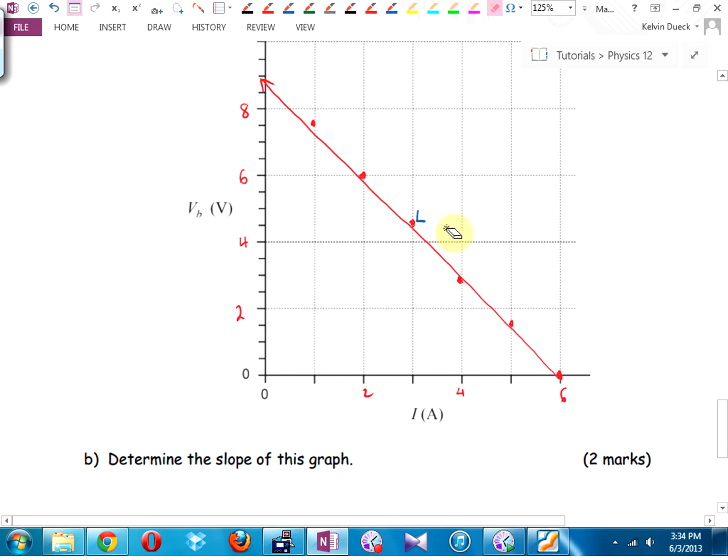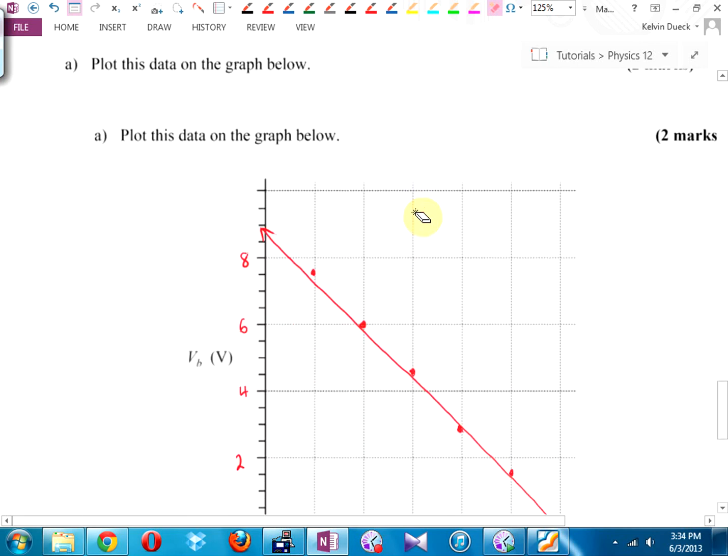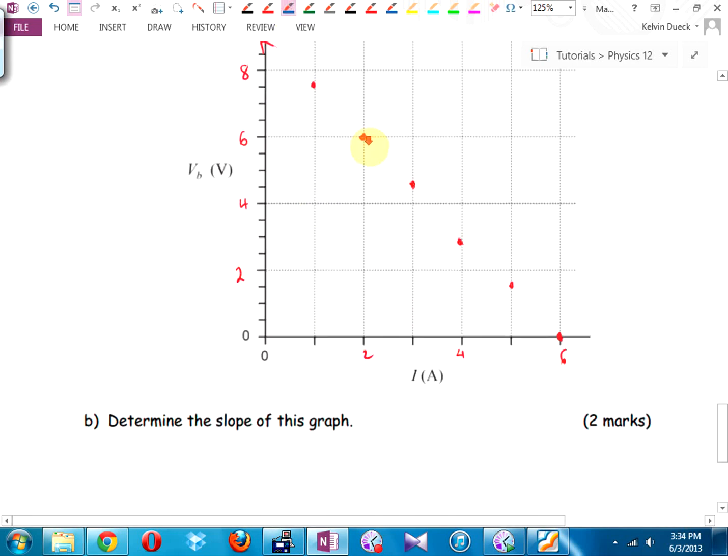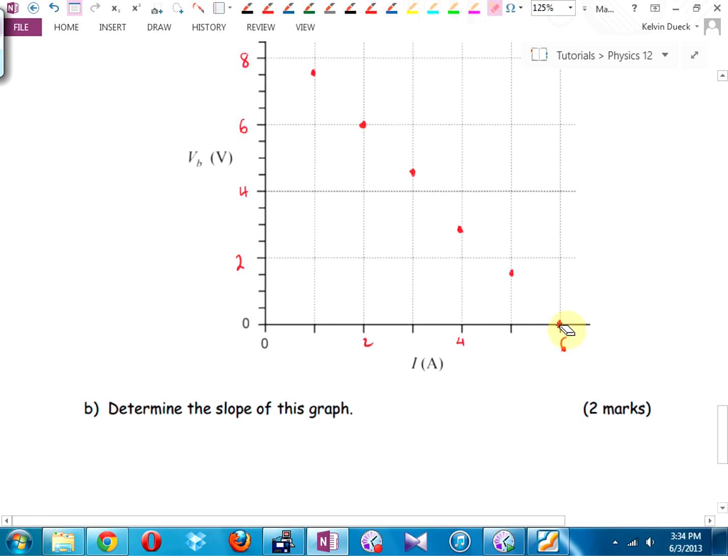Meanwhile, they said, find the slope of this graph. I made sure when I drew my graph that I went through this with my ruler. And then I said, I can go rise over run, because I always like to use a 0 if I can, right? The slope is negative, downhill. What's the rise? I said 7.5 over... What's the run? 6? Oh, no, careful, Mr. Dueck. 5, right?